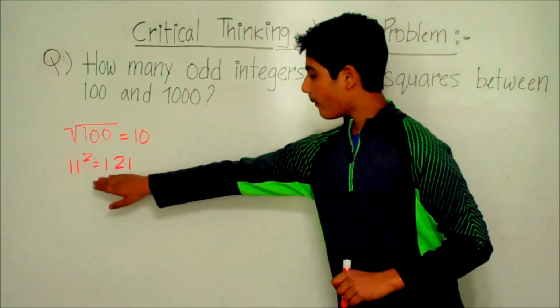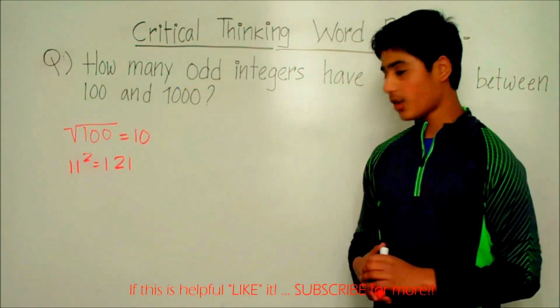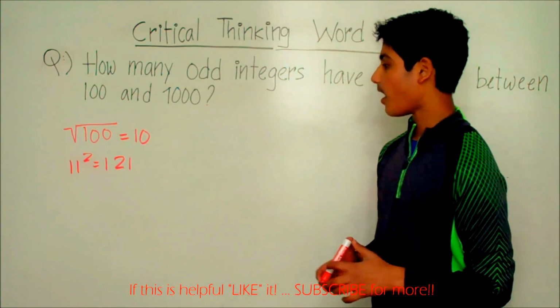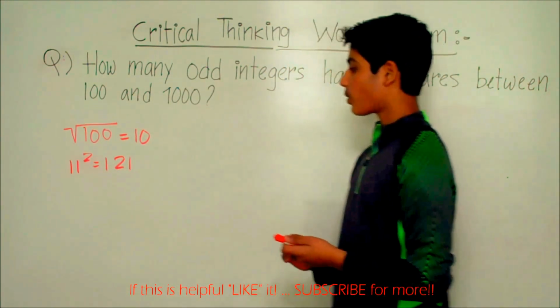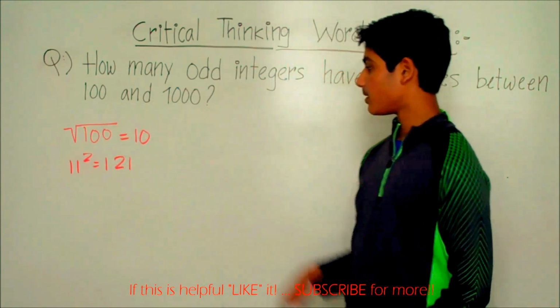So we can see that 121 is between 100 and 1000. That means that 11 is the smallest positive odd integer with a square between 100 and 1000.